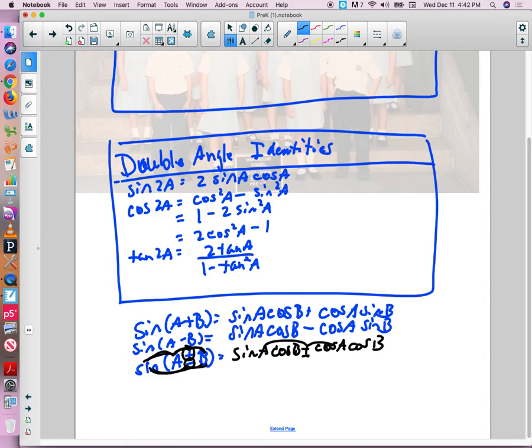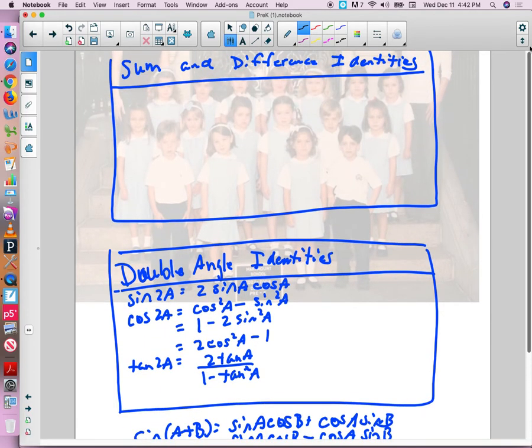Sine a minus b gives you this. And it's a way to consolidate your answers, your identity. So I'm going to write sine a cosine b cosine a sine b.